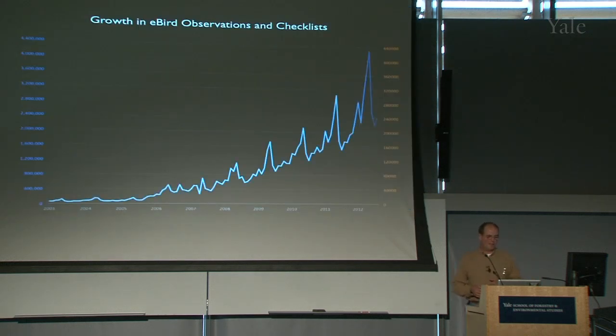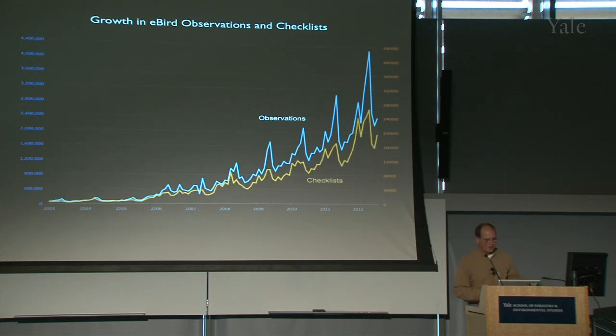So the result is that eBird has been experiencing exponential growth since the start of the project. In fact, one of the interesting little tidbits is that during the month of May this past year, we collected more data in eBird than we did the first 3 years of the project.